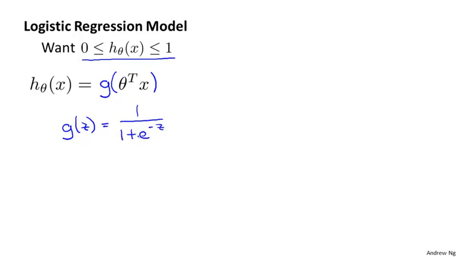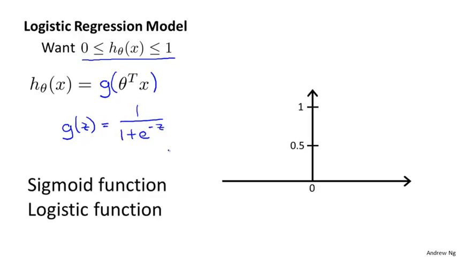This is called the sigmoid function or the logistic function, and the term logistic function, that's what gives rise to the name logistic regression. And by the way, the terms sigmoid function and logistic function are basically synonyms and mean the same thing. So the two terms are basically interchangeable, and either term can be used to refer to this function g.